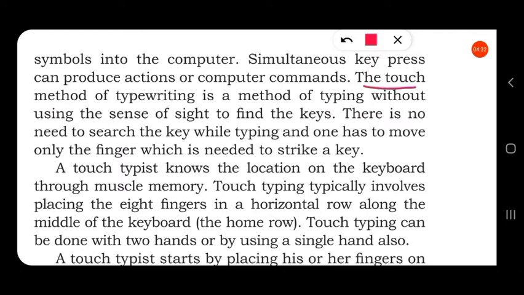The touch method of typewriting is a method of typing without using the sense of sight to find the keys. There is no need to search the key while typing, and one has to move only the finger which is needed to strike a key.